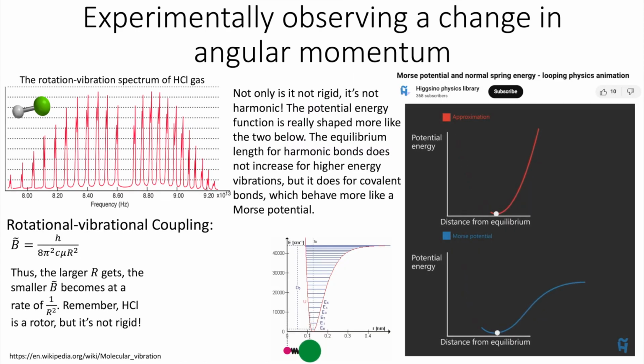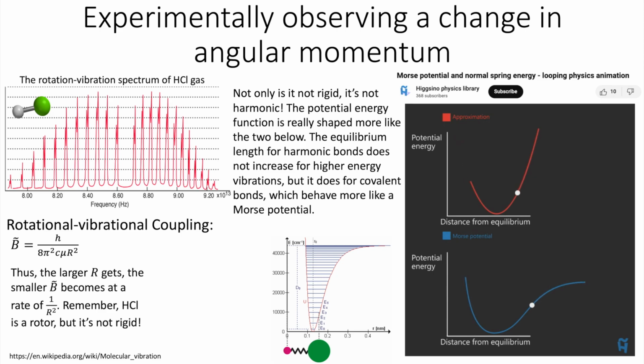But there's an important thing here with this coupling that I want to address on this particular slide, and that is that our model example was a harmonic rotor. A harmonic potential energy function looks like the function at the top right. It's perfectly symmetric.